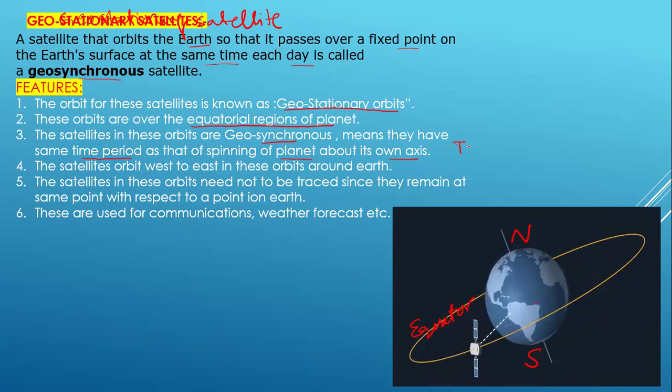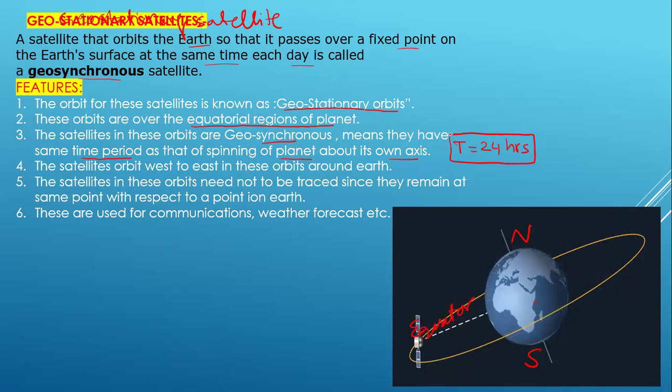So you know that the spin time period of Earth about its axis is 24 hours. So it means that a geostationary satellite around Earth will take 24 hours to complete one rotation. The satellite orbits west to east, because Earth is spinning west to east, so they spin in the same direction. So they are always going from west to east around the Earth.